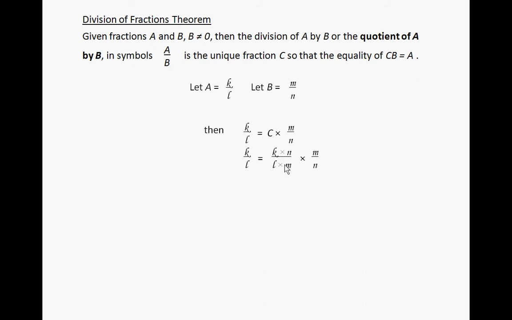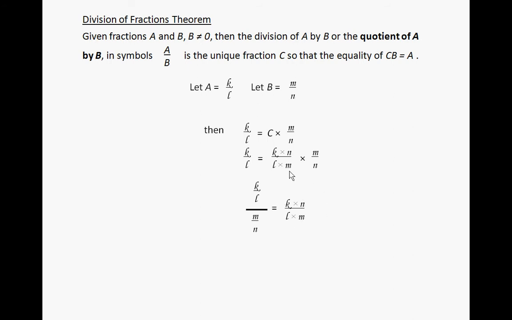Notice what has happened here. M over n has been flipped around to be n over m. So basically what we have is k over l divided by m over n is going to equal c. If we set it equal to c, then this is taking the place of c, and this is what we have.